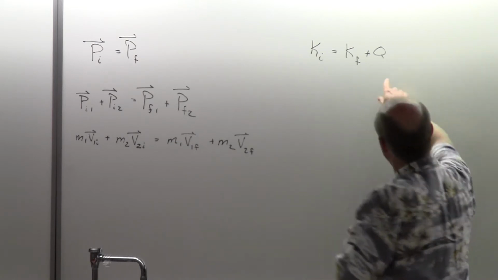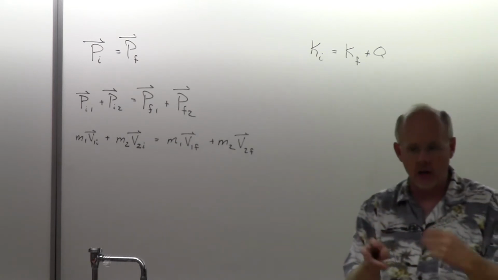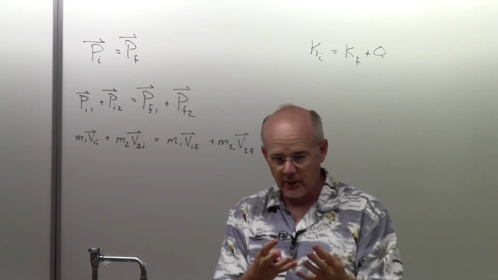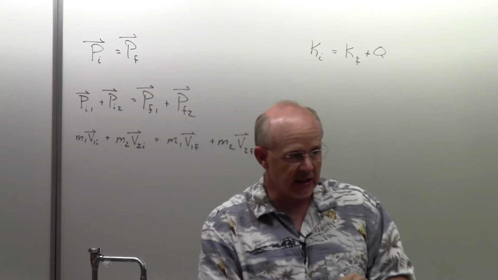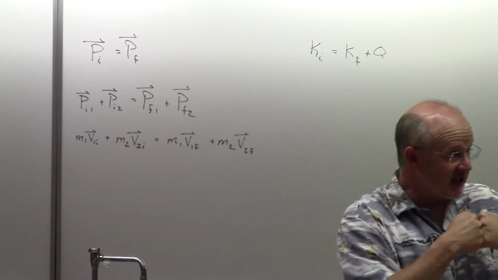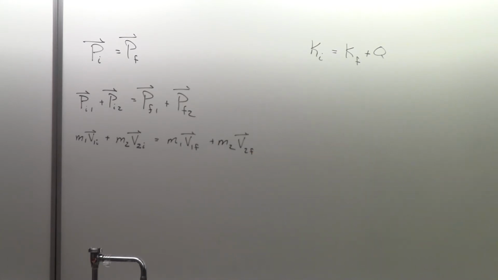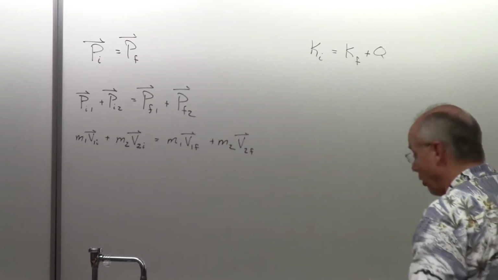In fact, we even used some fancy words. If no heat was created, what kind of collision did we call that? Elastic. If some heat is created, what do we call it? Inelastic. If they collided in such a way that they stick together, we called it perfectly inelastic. So watch those words as you're doing the homework.